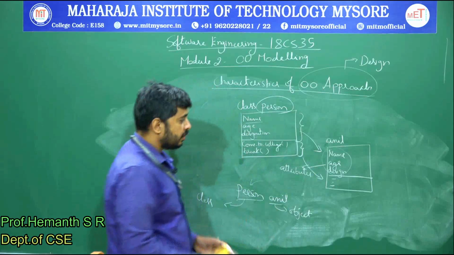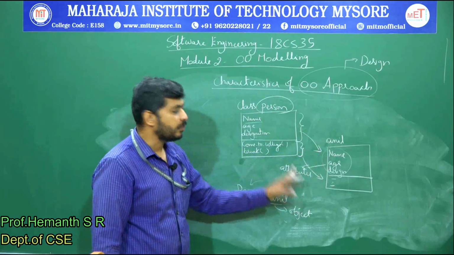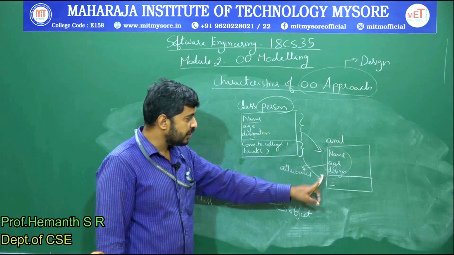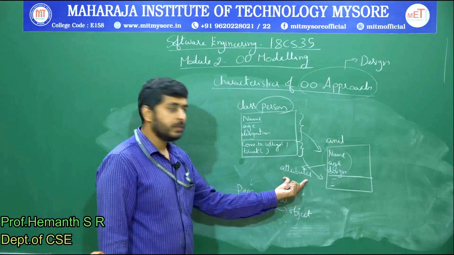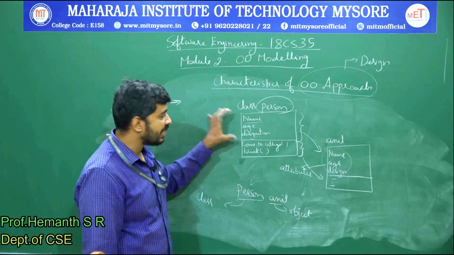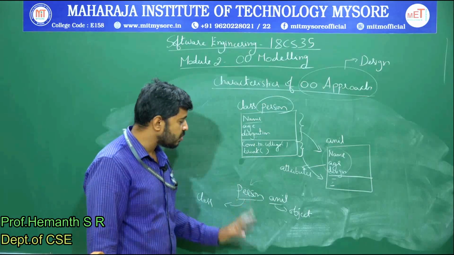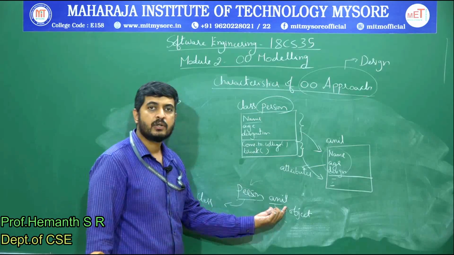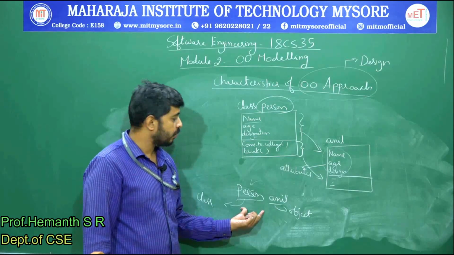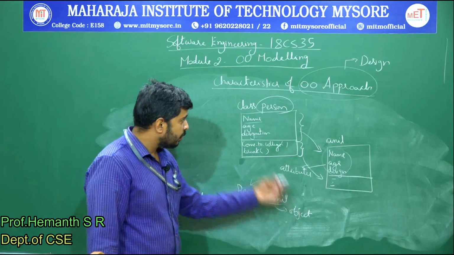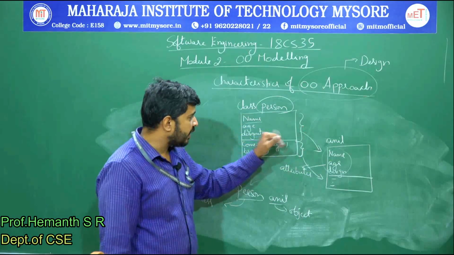Now from where did the Anil object get these attributes? So the Anil object was able to take these attributes from the class to which it is associated. Please note, the Anil object is associated to the class person, because of which it could take all these attributes.